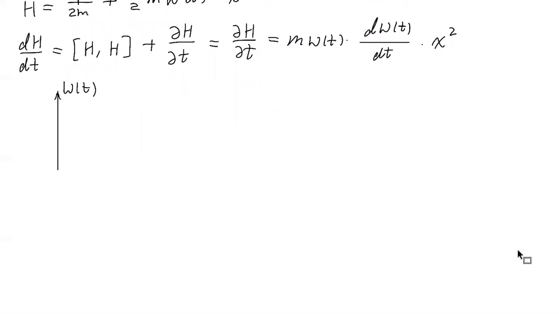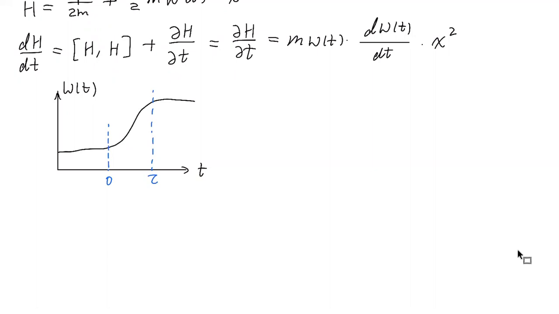So suppose omega(t) versus t looks like something like this. Starting from a particular instant, let's call this instant 0, and from 0 to tau, you have a changing omega.